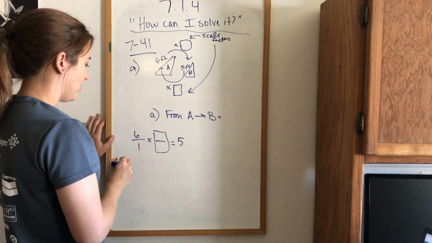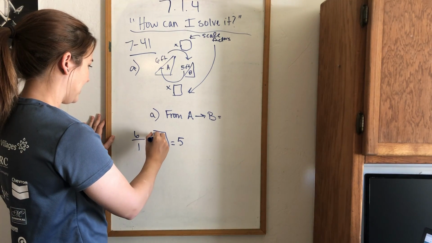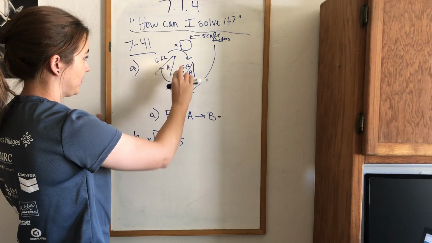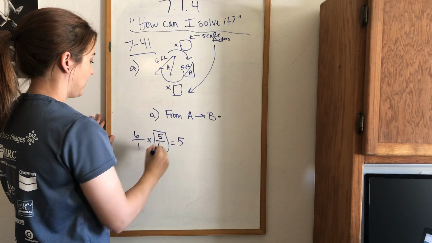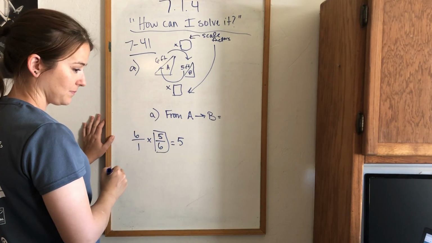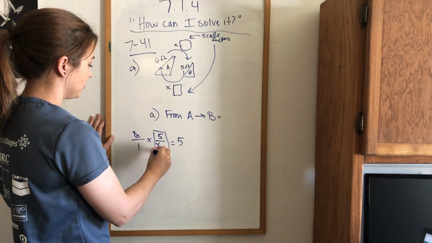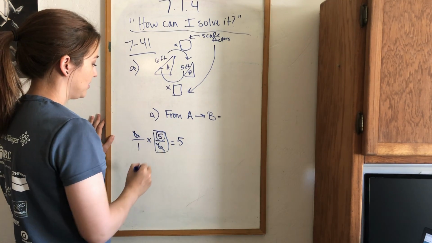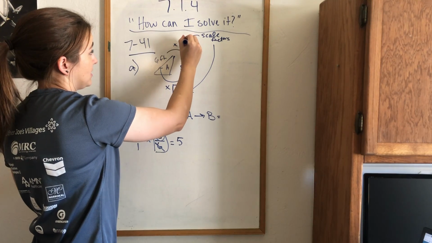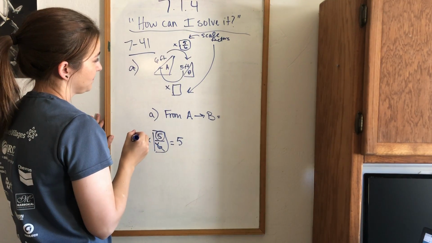So I figured out, well, if I do 6 times 5/6, I know that this is going to cancel, and that's going to be 5. So this one would be 6 times 5/6.